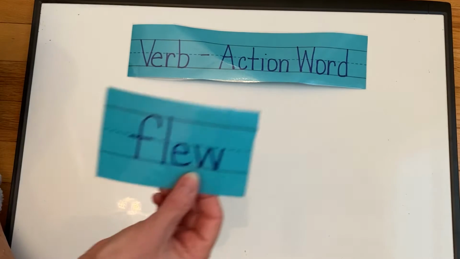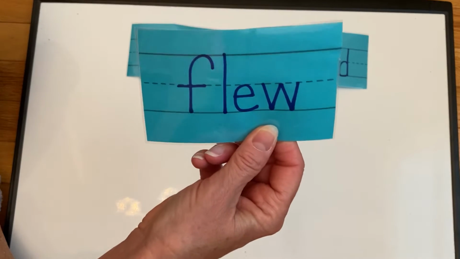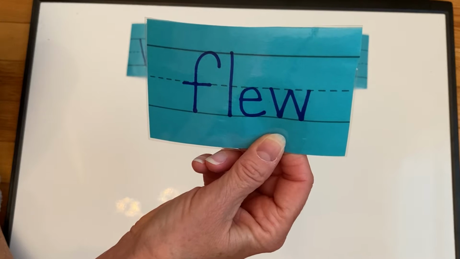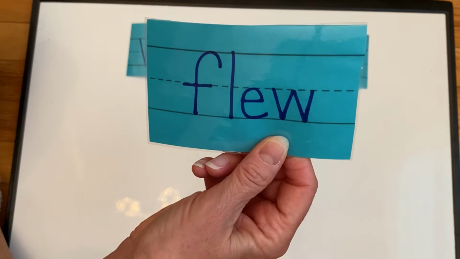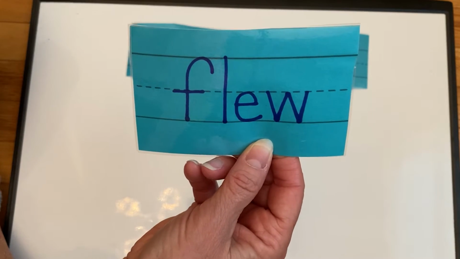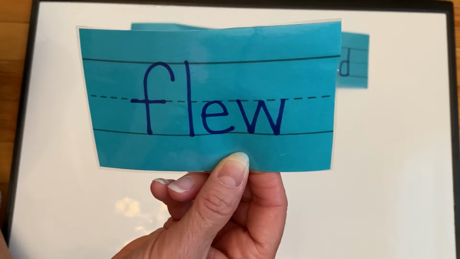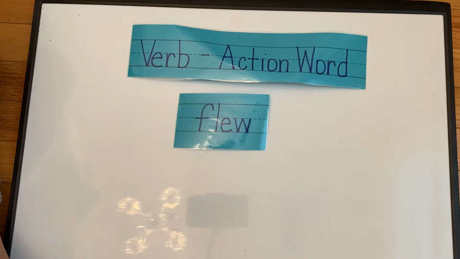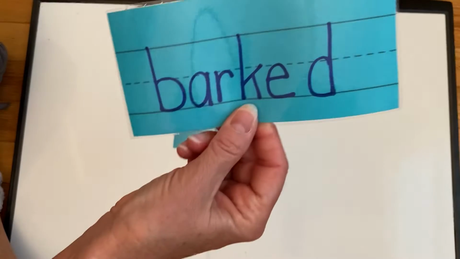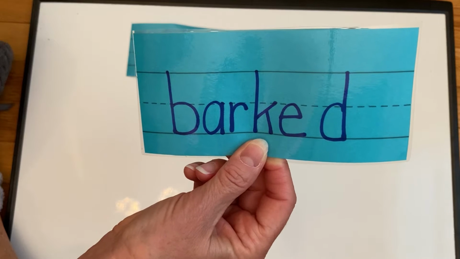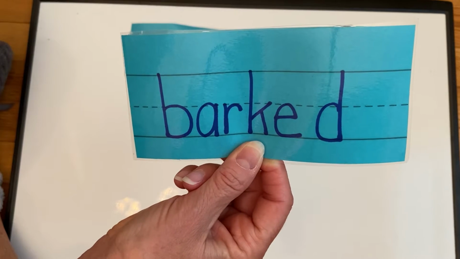So if I gave you this word, flew, as in the bird flew in the sky, what action is the bird doing? That's right, flew. So that would be your verb. What about this one? The word barked. The dog barked loudly.